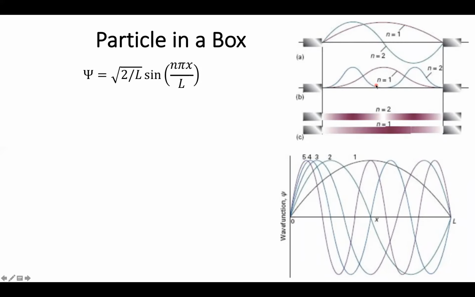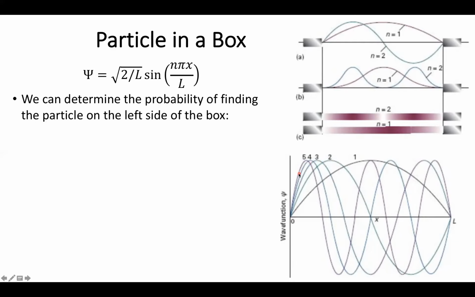However, when we go to n equals 2, we have a positive wave function on one side and a negative wave function on the other. When we go to probability density, most of the probability is now moving towards the two sides. We're more likely to be caught near the edges. And this is emphasized as we go towards the third, fourth, and fifth energy levels.